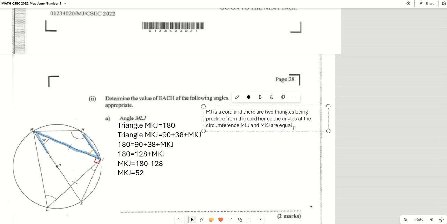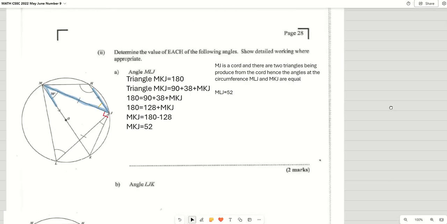You do need to say because they're on the same chord they're equal, so therefore angle MLJ would be equal to 52, and that is how you get your answer for this question here.